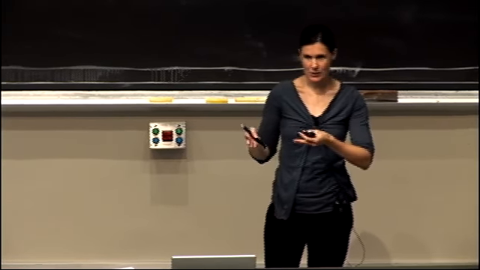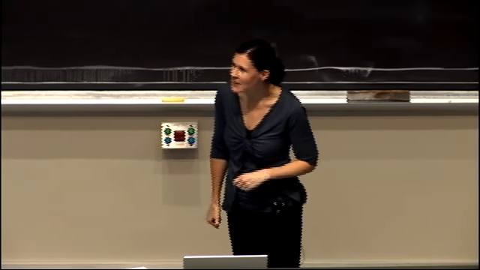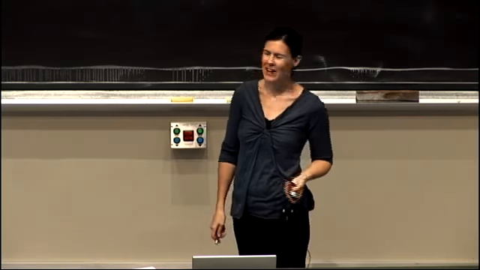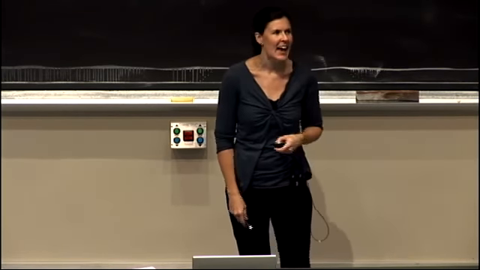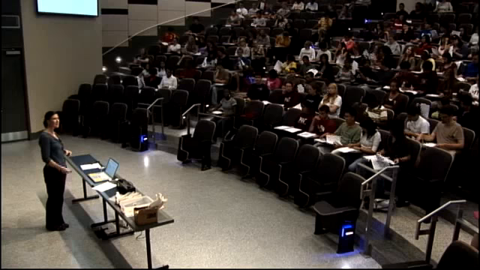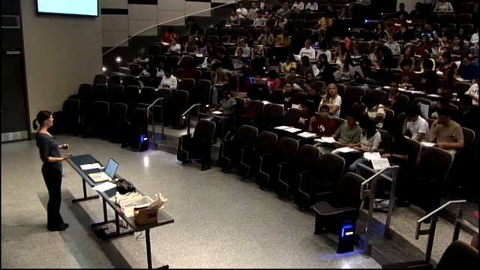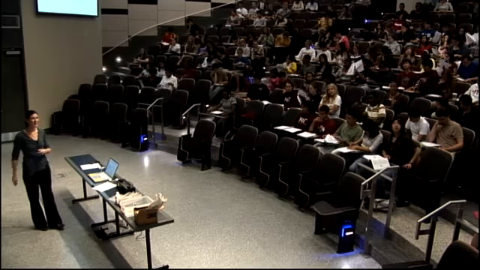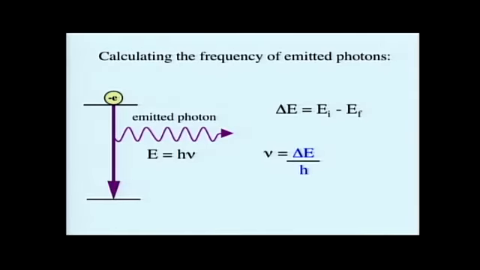When we talk about that frequency of light that's going to be emitted, it's not too commonly that we'll actually talk about it in terms of energy. A lot of times we talk about light in terms of its frequency or its wavelength, but that's okay because we know how to convert from energy to frequency, so we can do that here as well, where our frequency is just our energy divided by Planck's constant.